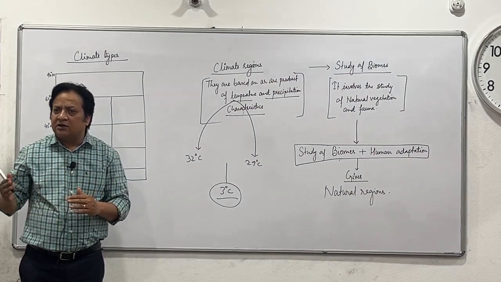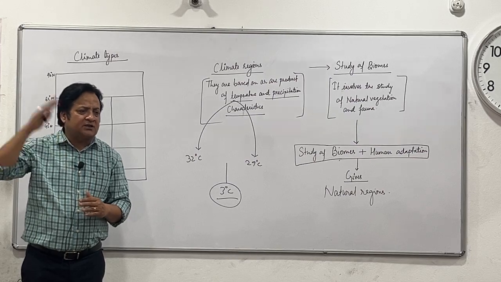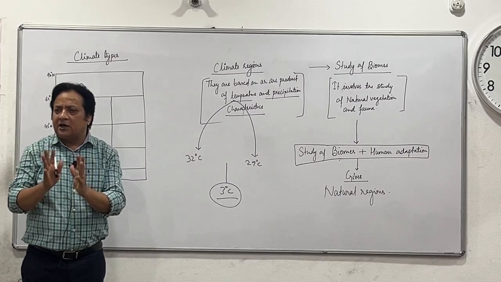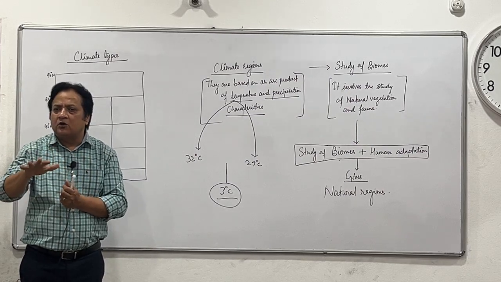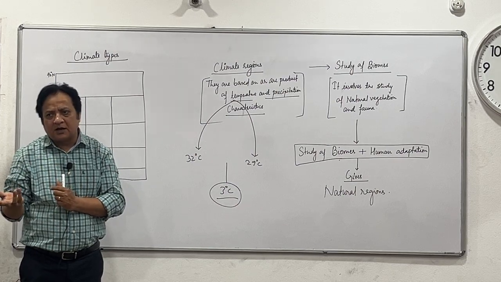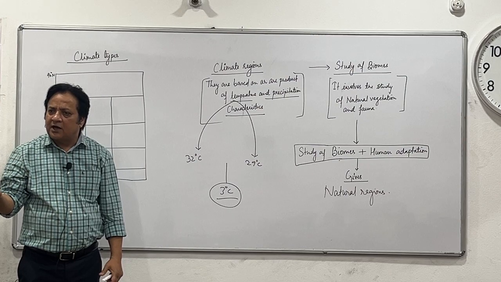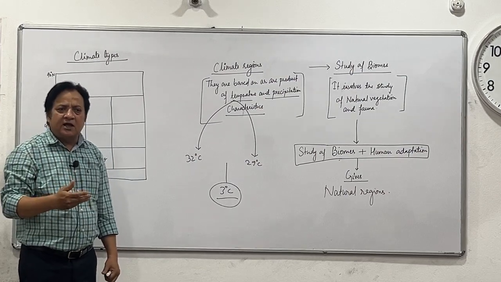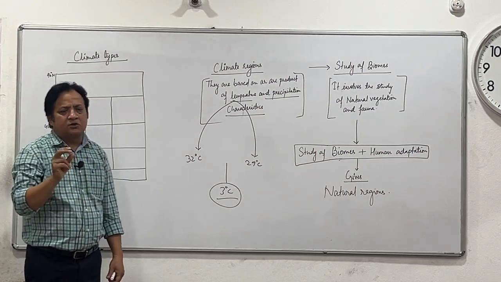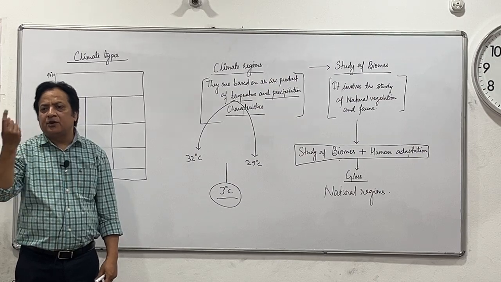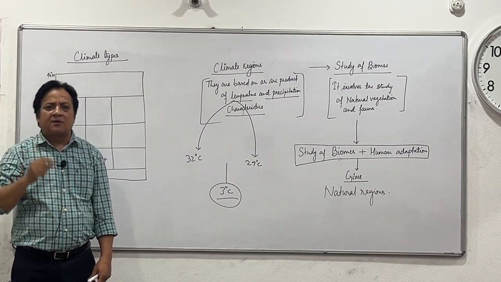That means even during the night you have release of terrestrial radiation, and that heats up the atmosphere and keeps the lower part of the atmosphere warmer. So be it day or night, the conditions are the same. So even the diurnal range of temperature remains lowest here in comparison to any other climate in the world.